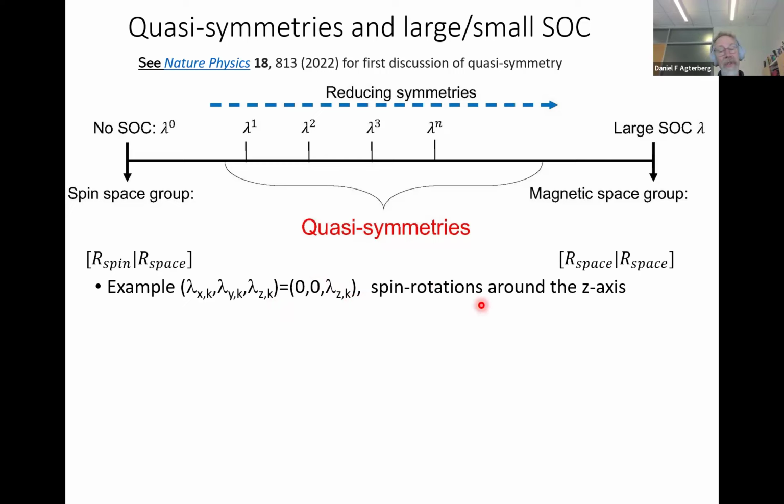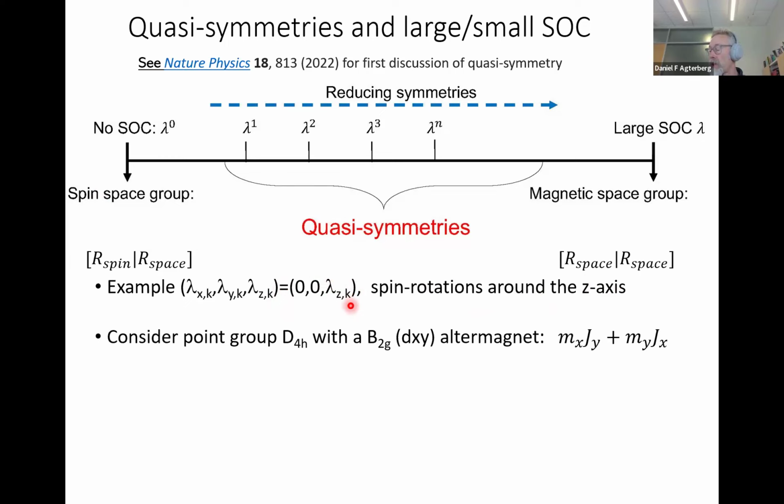As a particular example, to show you how this works in some more detail, we can consider, again, this altermagnet with dxy symmetry in the tetragonal group D4H, where this invariant is allowed by symmetry. And we can now impose that we have this fourfold rotation around the z-axis in spin space. And under that rotation, Mx, My goes to My, minus Mx.